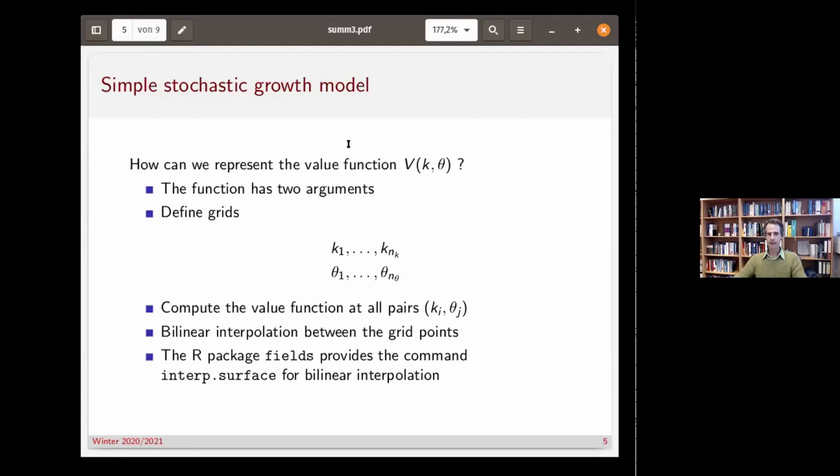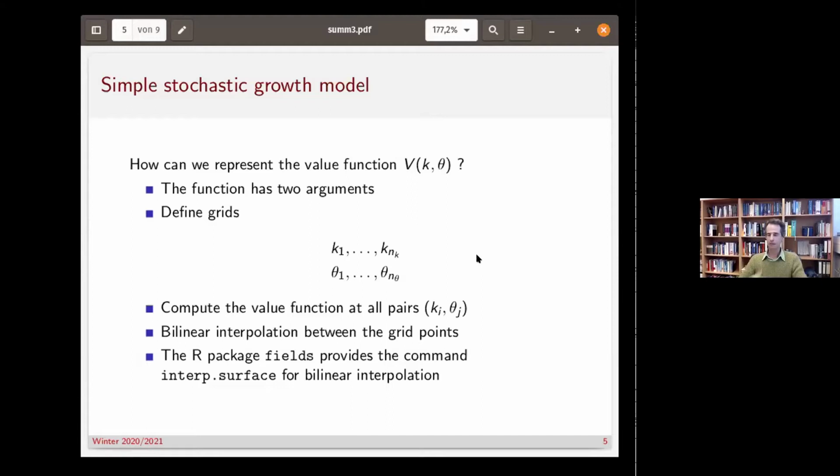Okay, we already did that last time, how to represent the value function. There are many different ways. Here it also would make sense to assume that you know the functional family of the value function, but we assume we don't.